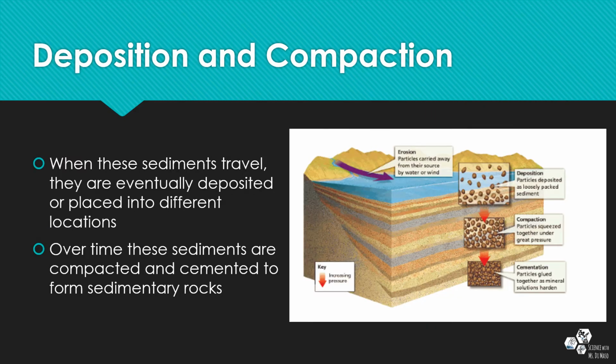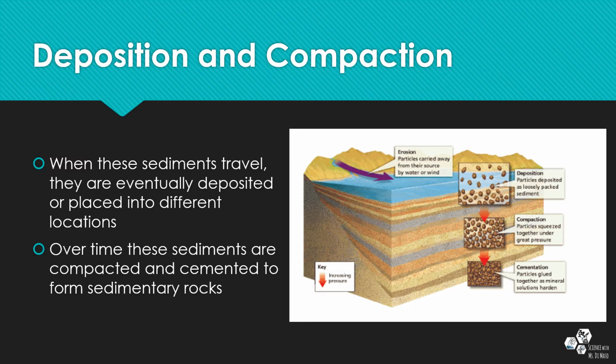Then what happens to these particles is they go through deposition and compaction. We talked about this when we discussed the formation of sedimentary rocks. So these sediments will travel and they are eventually deposited. Remember, deposition, where they're placed into a different location than where they came from.